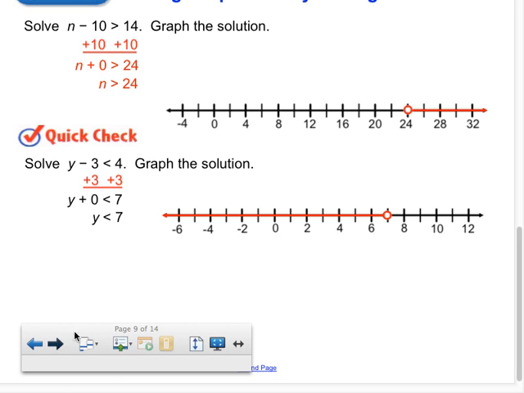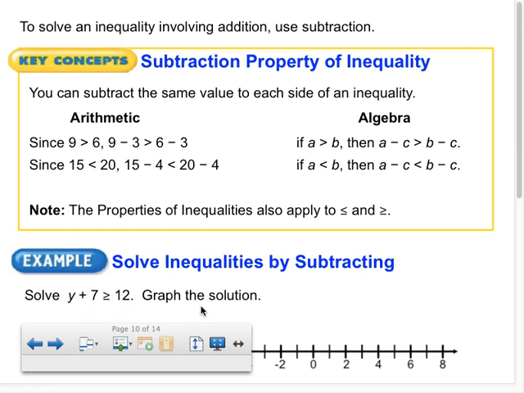Now, just like we have the addition property of inequality, we also have the subtraction property of inequality. All that's saying is we can subtract something from both sides and still get something true. So to solve an inequality involving addition, we can use subtraction. Subtraction property of inequality: you can subtract the same value from each side of an inequality.